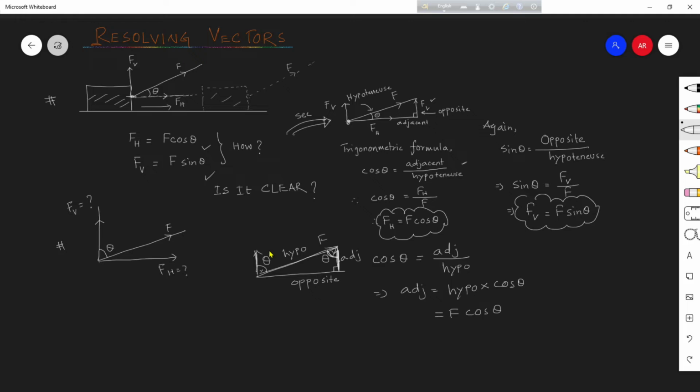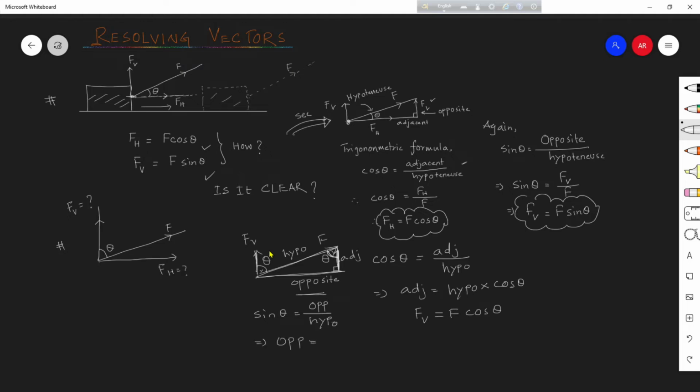So along this vertical direction, F cos theta is acting. The vertical component of this force is right here, F cos theta, whereas we saw just before that the vertical component of F was F sin theta. Right here it is F cos theta, depending on what angle you have been given.